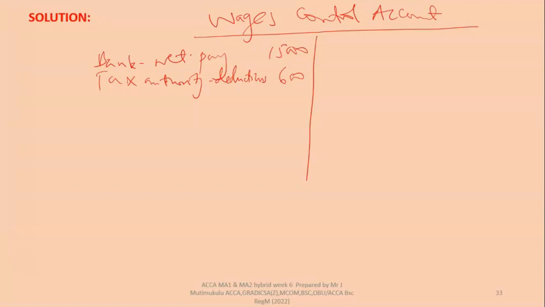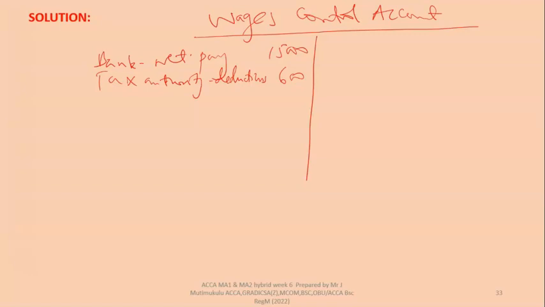Then the direct labor cost is credited to the wages control account and debited to the work in progress account, as were direct materials, as part of the direct cost of making the product. The indirect labor cost is credited to the wages control account and debited to the production overhead control account together with any direct materials used.